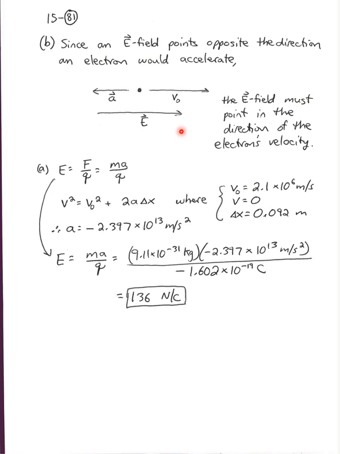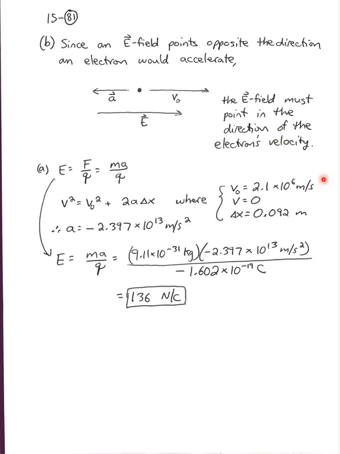Now let's figure out the magnitude of the electric field. We can start with electric field is F over Q, and F equals ma, so the electric field is ma over Q. We don't at the moment know acceleration, but we'll use kinematics to figure this out.